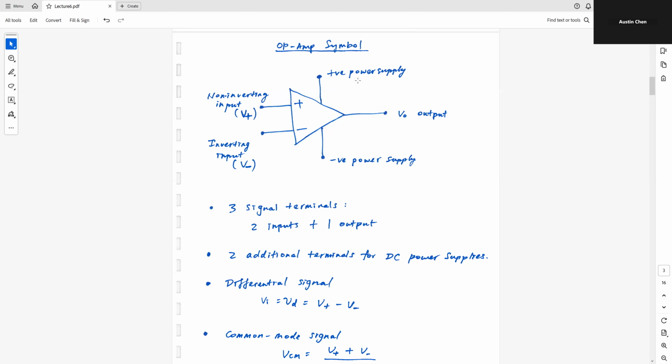I have a positive power supply and a negative power supply. In other words, an op-amp consists of two input terminals and one output terminal, and I have two additional terminals for power. For example, I can have plus 15 volts and minus 15 volts over here.